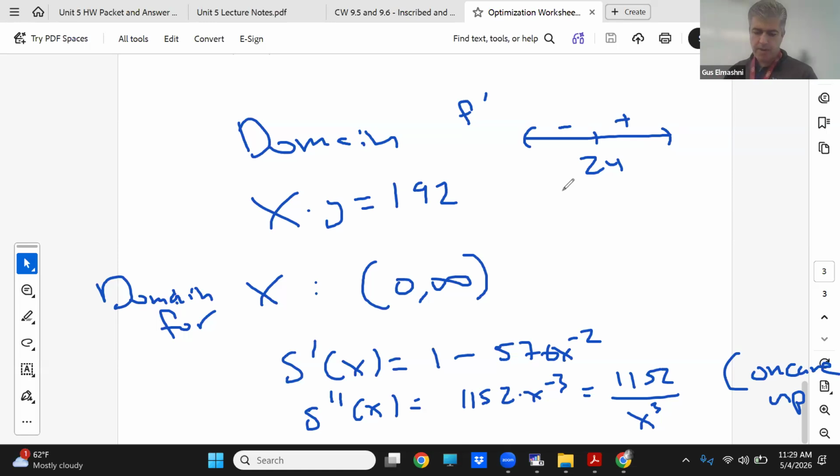Do 1 minus 576 divided by... but yeah, that makes sense. So that's what's happening with my derivative. Actually, let's put s prime, not prime. My apologies.